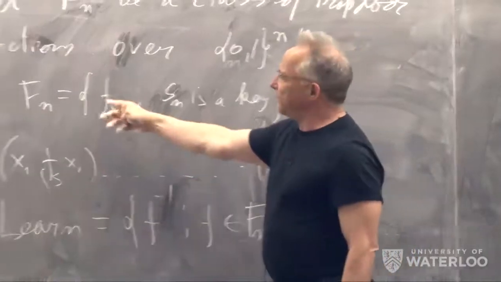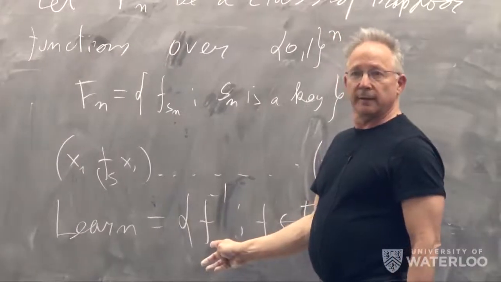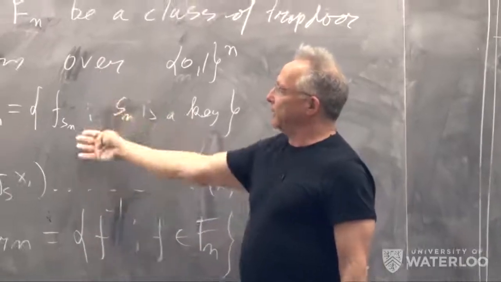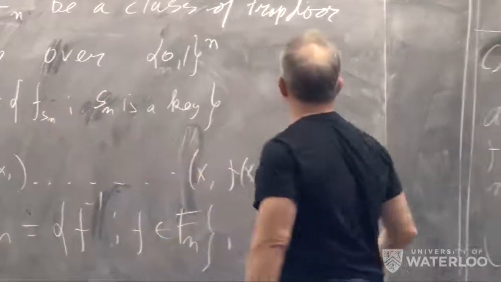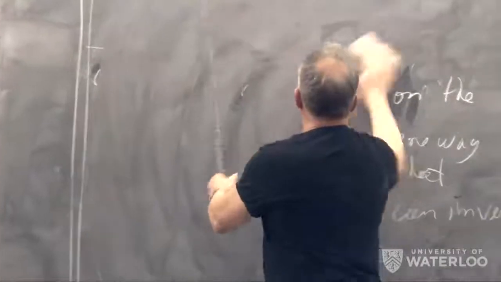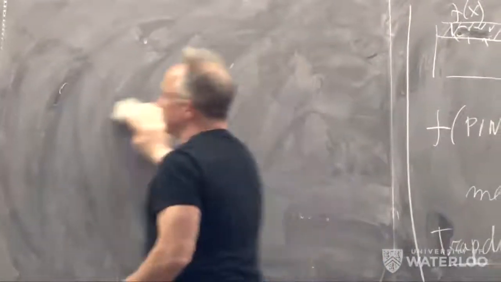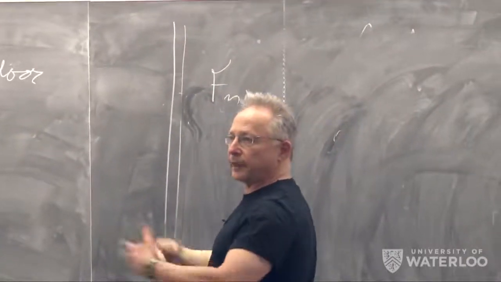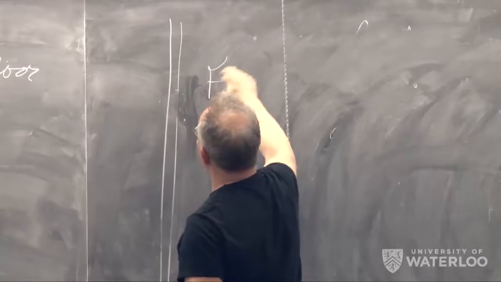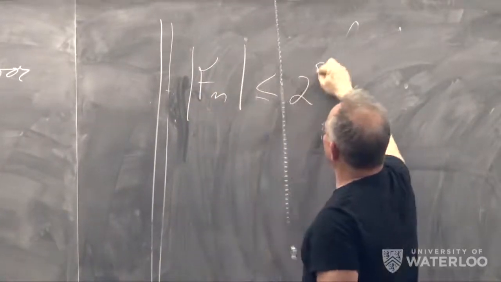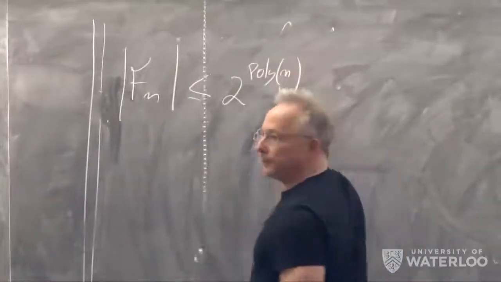And what is the VC dimension of this class? So the VC dimension of this class, we can estimate it just from the cardinality of the class. The cardinality of the class, we know that since s of n is polynomial, the secret key is always polynomial in n. So we know that the size of such fn, if I have such a method for using trapdoors, is at most 2 to the poly n.